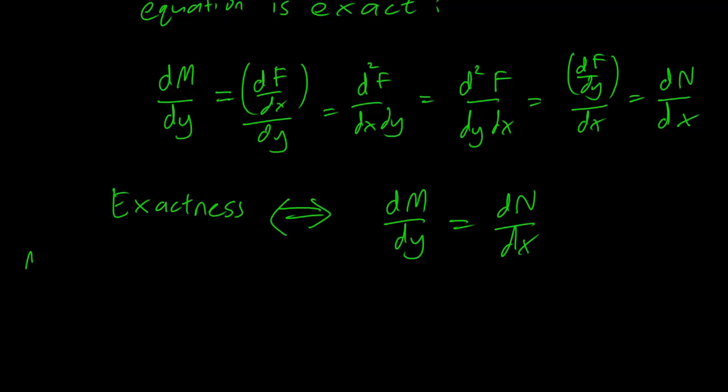Exactness of M(x,y) dx plus N(x,y) dy equals 0 holds if and only if, crossing terms that way, dM/dy equals dN/dx. And that's pretty easy to check, and once you have that exactness figured out, it's not that difficult to solve the differential equation, as we will see in the next video.